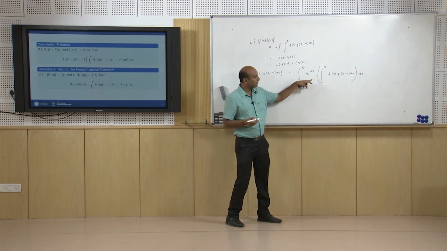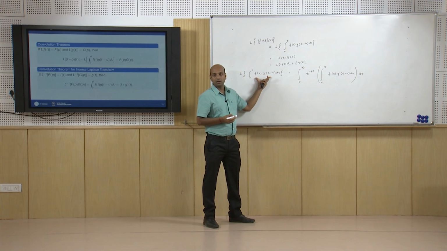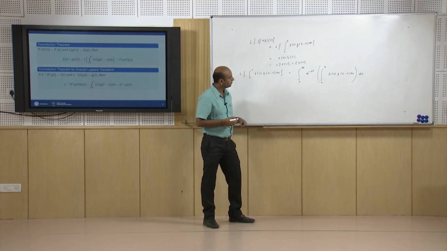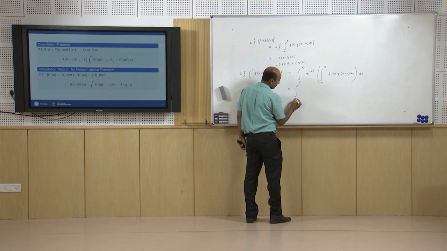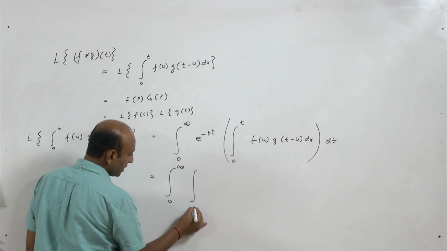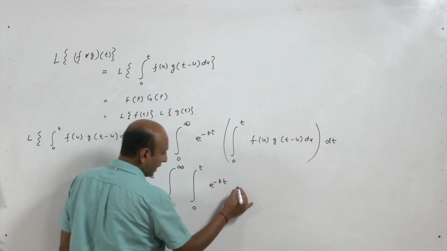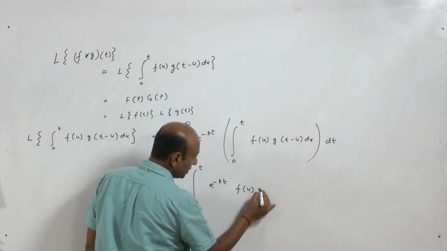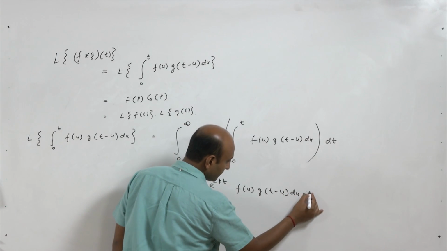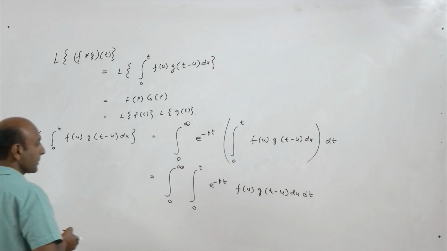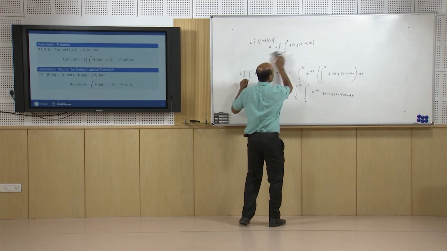This can be further written as the integral from 0 to infinity, the integral from 0 to t, of e to the power minus p t f(u) g(t minus u) du dt.